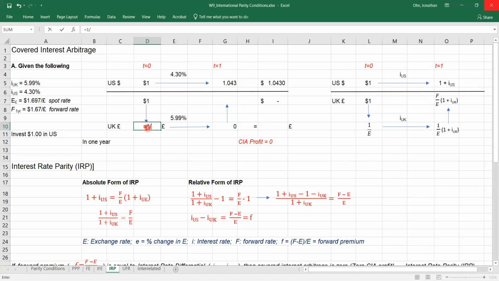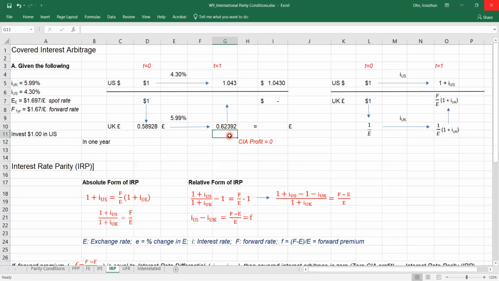The exchange rate is 1.6697. So that is the pound. So 589,280 pounds. And then if you invest that at 5.99%, right? 1 plus 5.99%, you end up with this one, right?